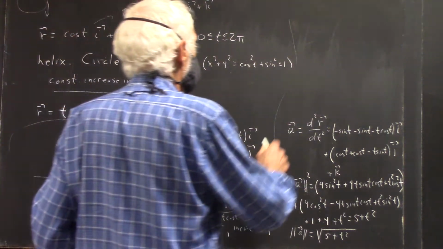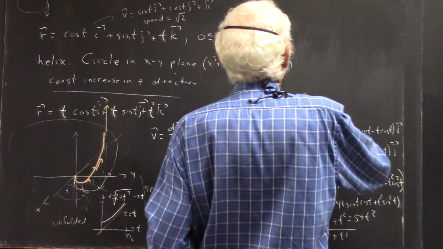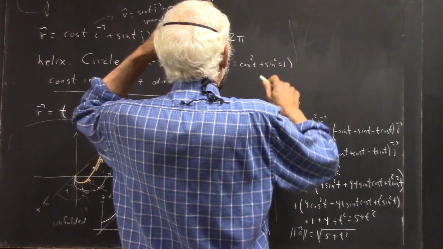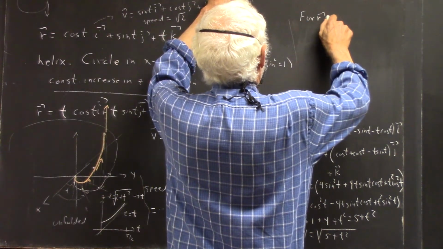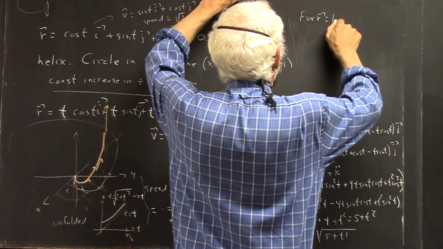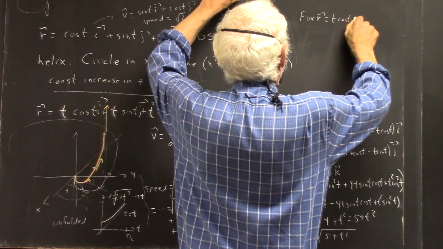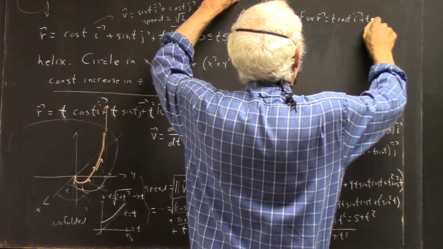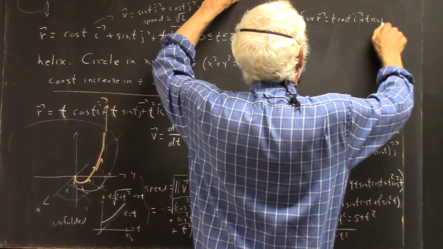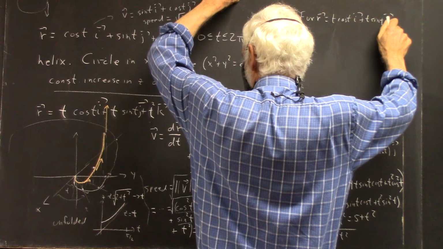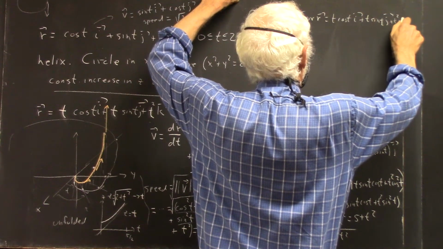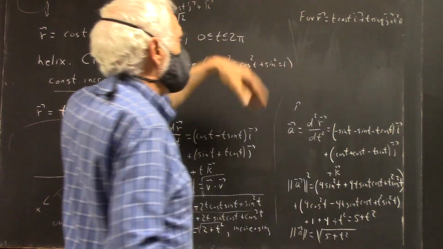Now, this is for r equals t cosine t i plus t sine t j, and I'm writing it out very poorly, plus t squared k. Make sure I'm copying it down right.